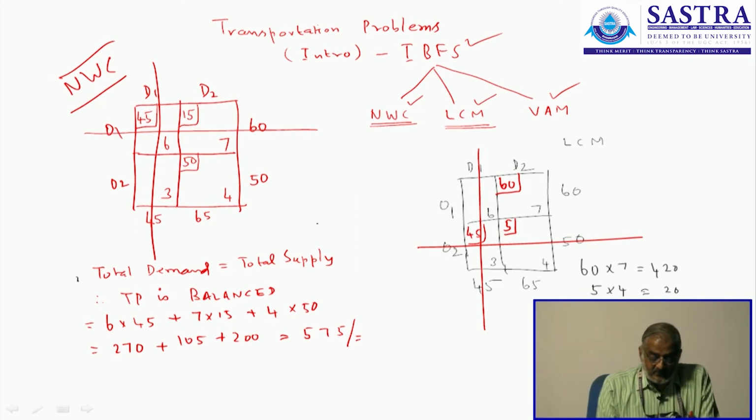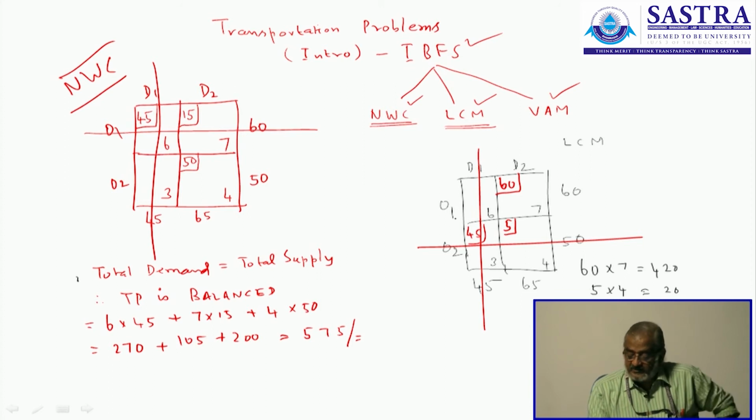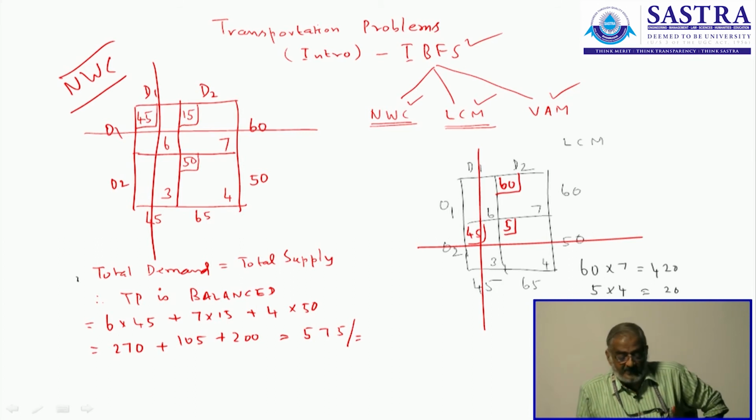Now you look at this allocation. There are different allocations. Here 45, 15, whereas here it is 60. Now in this unit cost 3, nothing is allocated. Here in this unit cost 3, 45 is allocated. Though it is so, the least cost method provides only the same solution that the northwest corner rule provided.